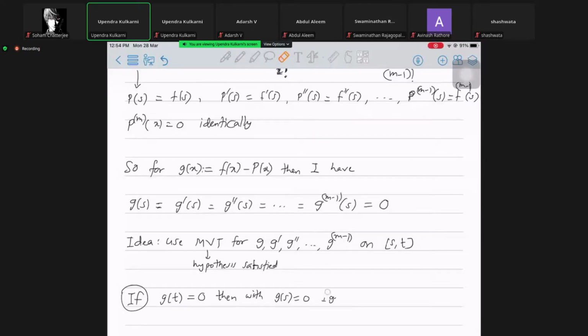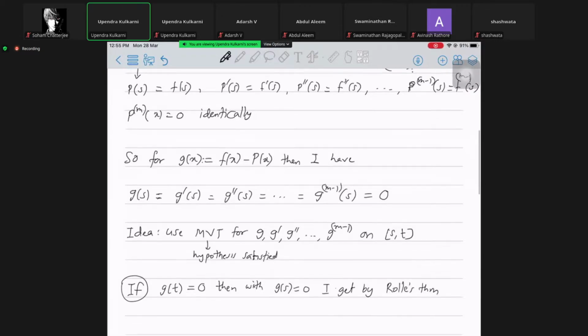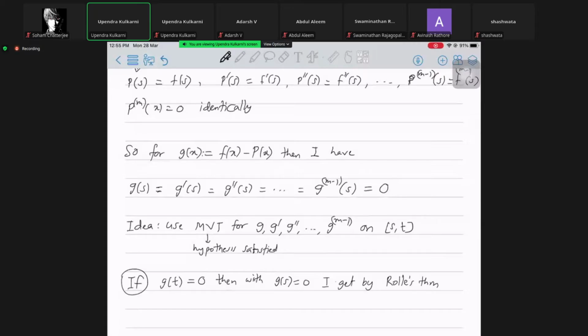So what do I get then? In fact, Rolle's theorem applies. I get some number between s and t such that what happens?